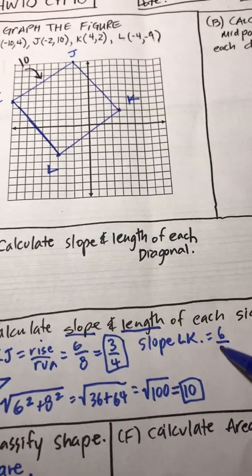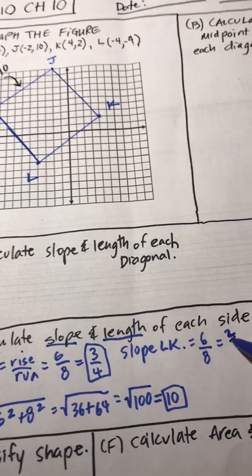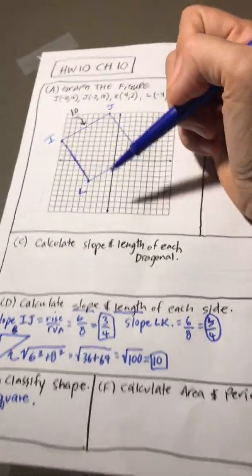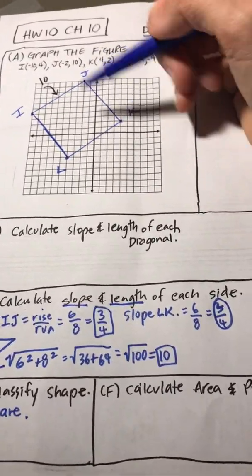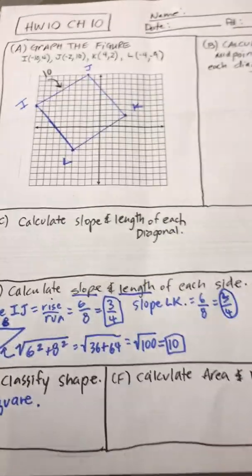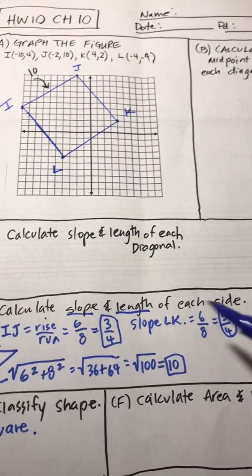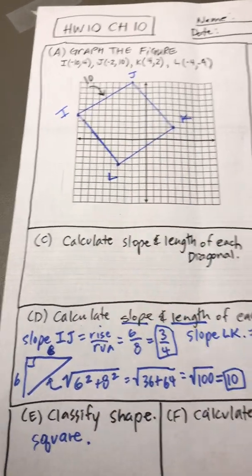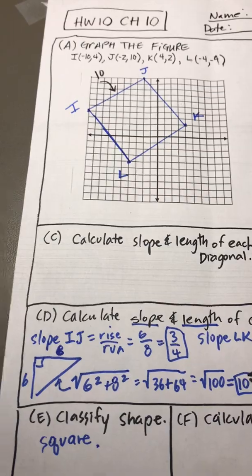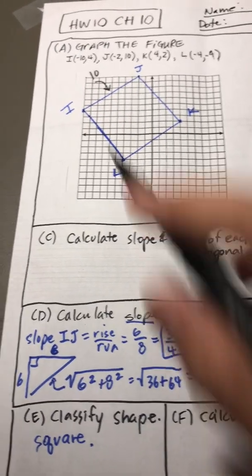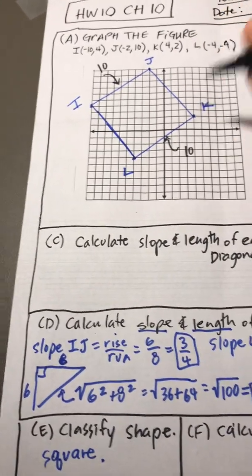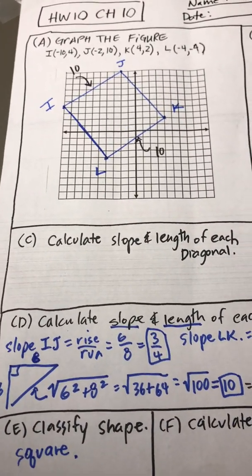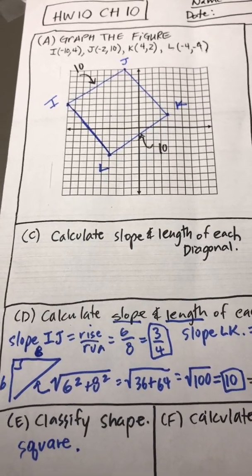The slope of LK is rise over run, which means all I've proven is that they have the same slope, which this would lend itself to being maybe a parallelogram if I can then confirm these are same slopes. But I don't know if you picked up on it, but notice I went up 6 over 8 a second time. So that's proof that if this is true, then in fact, this would also be 10 for the same reason. So this is the length of line IJ, and it's the length of LK.